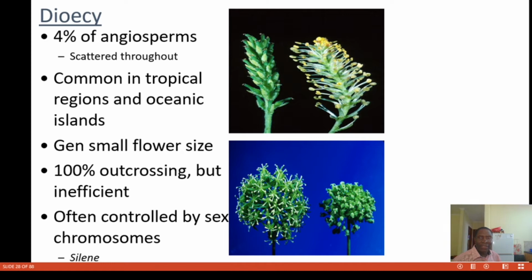In dioecious plants, flowers are generally of small size, and it's about 100% outcrossing, but it's fairly inefficient because so much pollen is wasted in between. And dioecy is often controlled by sex chromosomes.